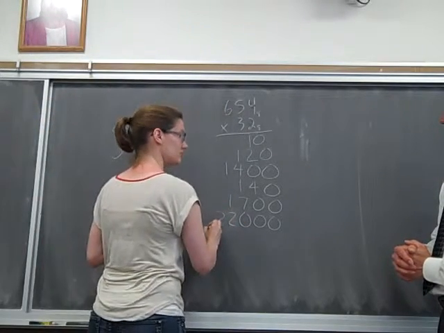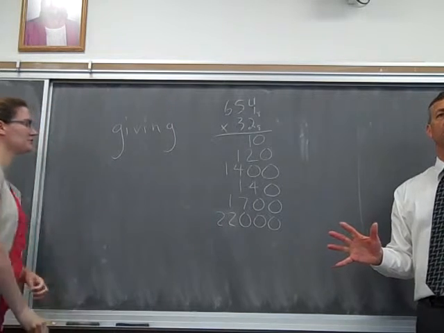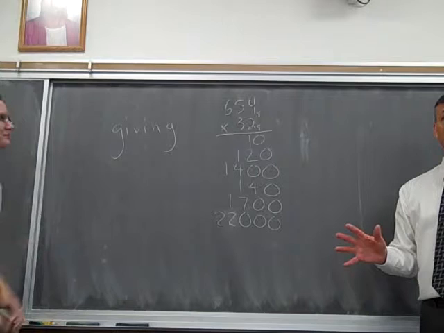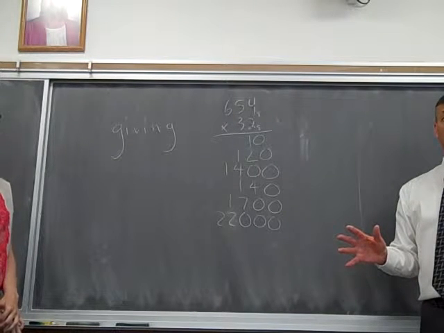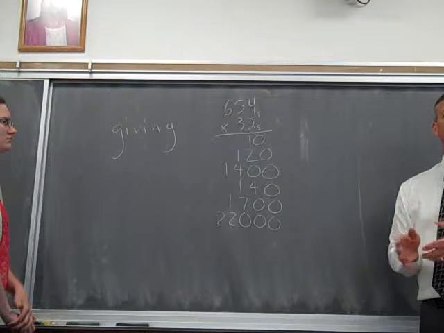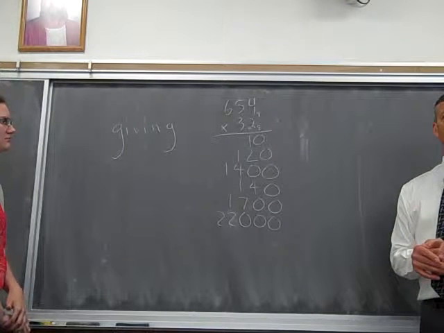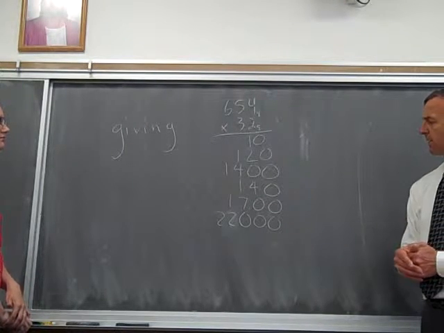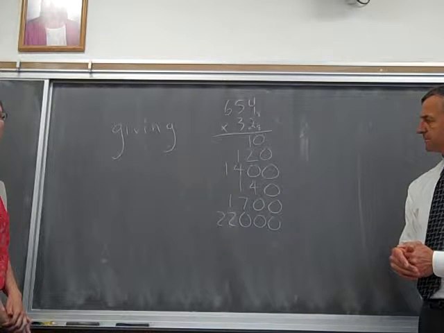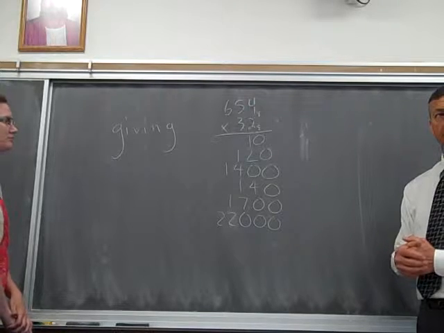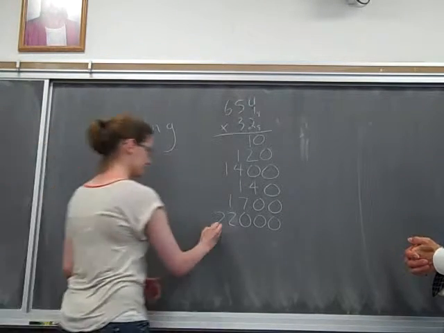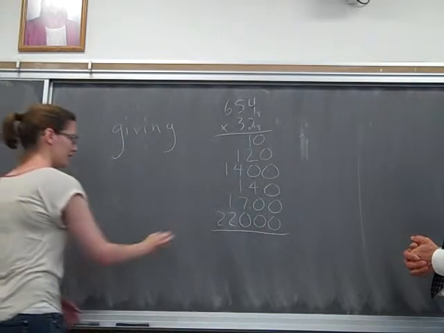Okay, and then, let's just stop and make sure everybody understands what she's done so far. Anybody want to ask a question? Remember, this is remainder. Okay, and then you add it together.